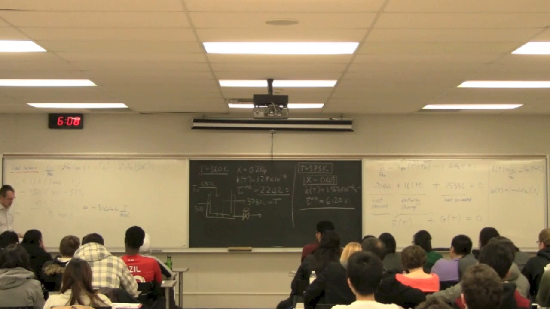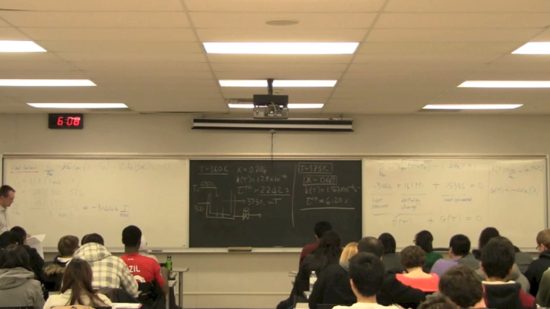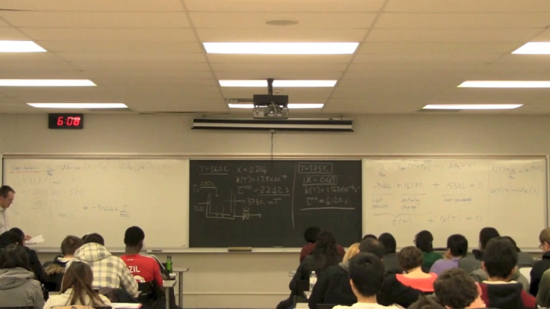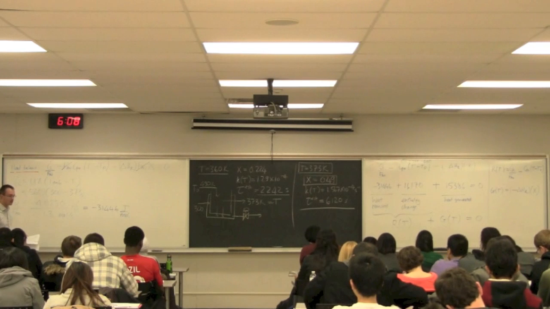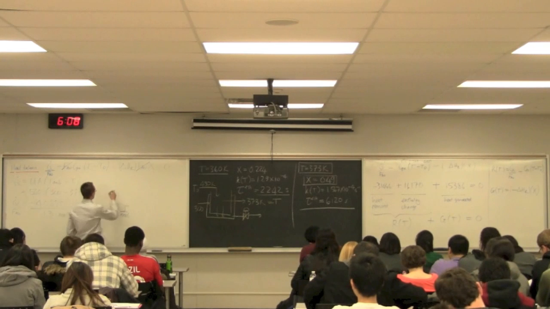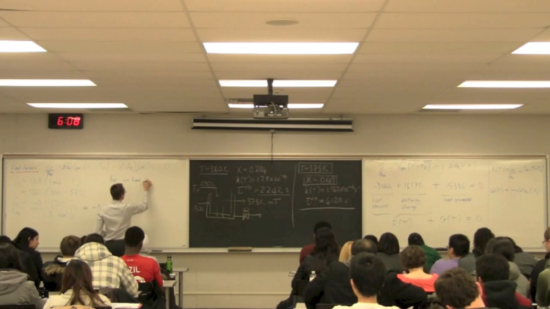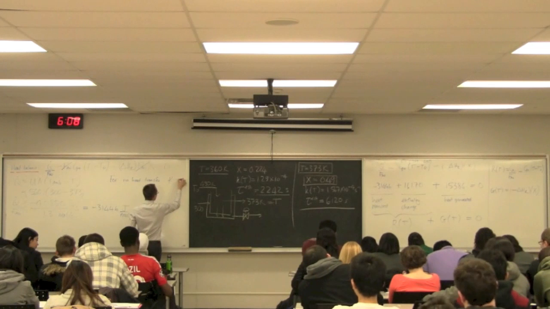What's going to happen to kappa? What is kappa defined as for an adiabatic system? Kappa is going to be 0. Okay, so for no heat transfer, kappa is going to be 0.